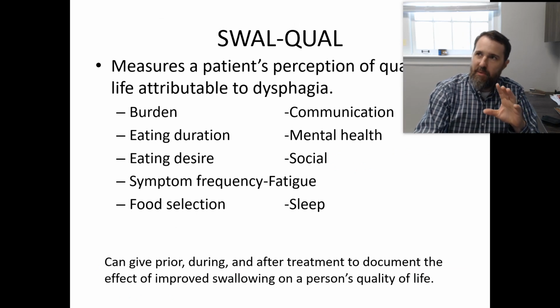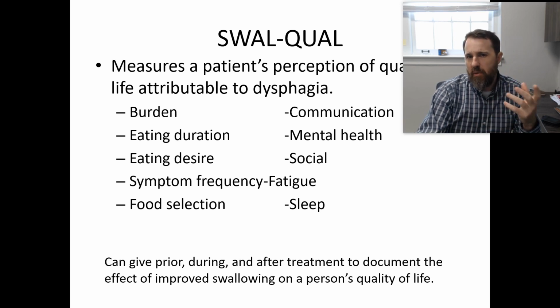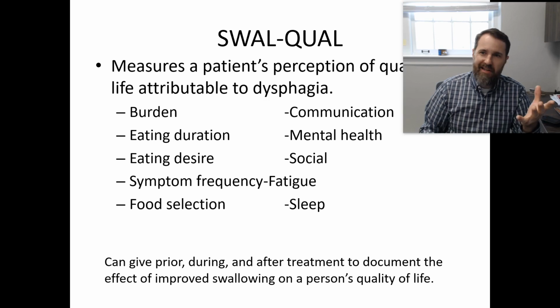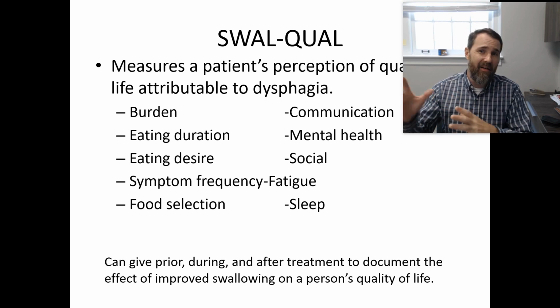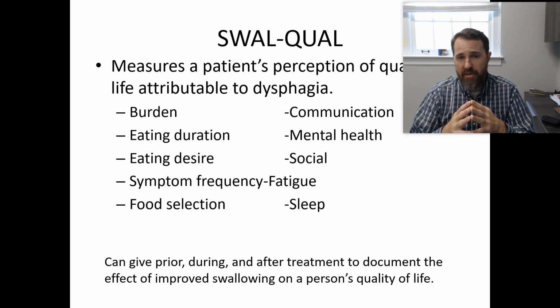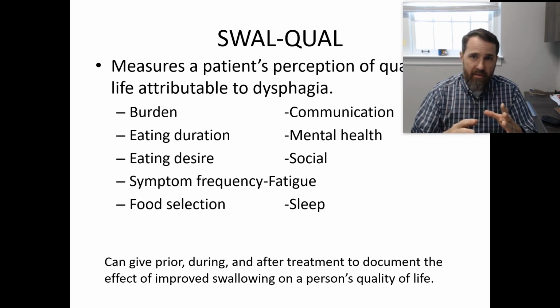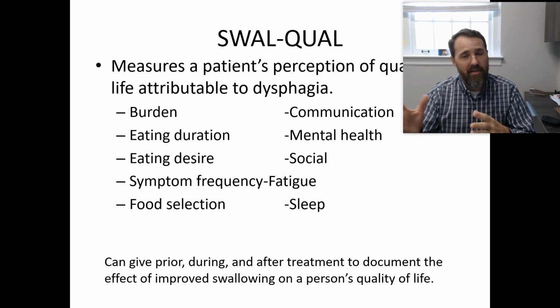And as SLPs, we need to be very focused on quality of life, because whatever we do should be working towards a higher level of quality of life for the patient. If you're going to work on their swallowing, that needs to translate somehow into better quality of life.